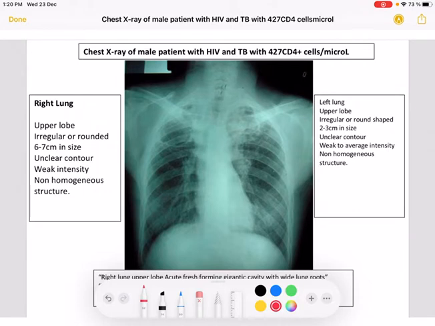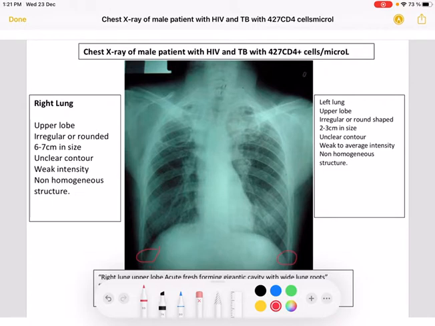First of all, we need to check the borders of the lung, the angles of the lung. The diaphragmatic and costodiaphragmatic angles are clear on both sides, so there is no pleural effusion, no pneumothorax, hydrothorax or hemothorax, and the pleural cavity is clear.